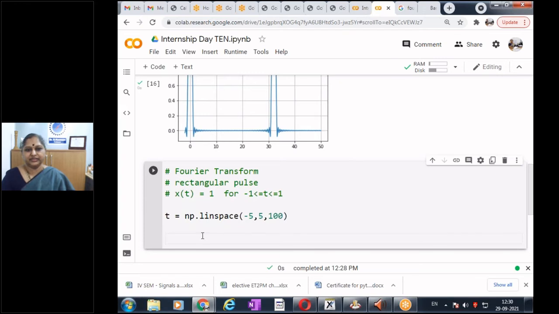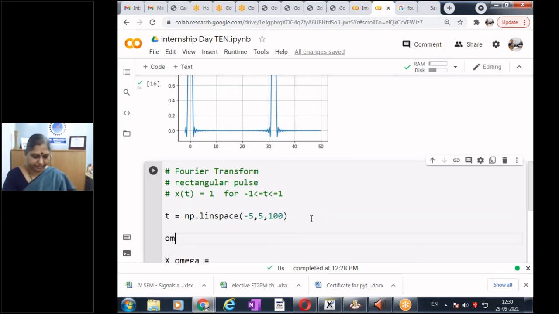Okay, let's directly plot the signal. Let us plot this Fourier transform x omega. What is x omega? Let me define my omega first.